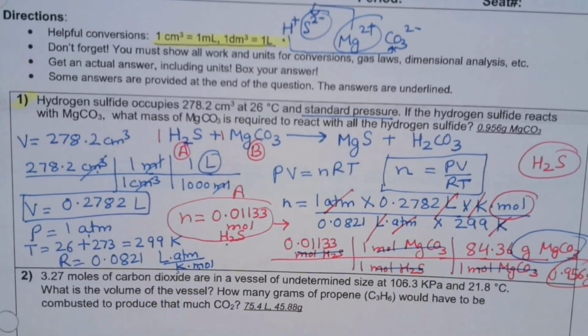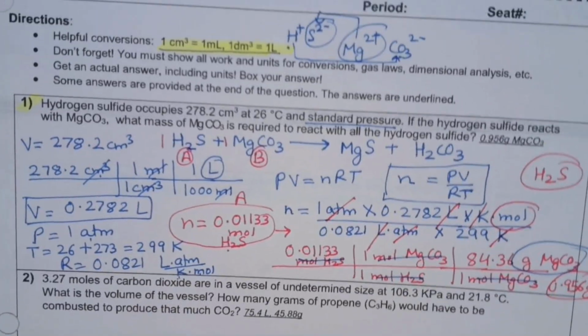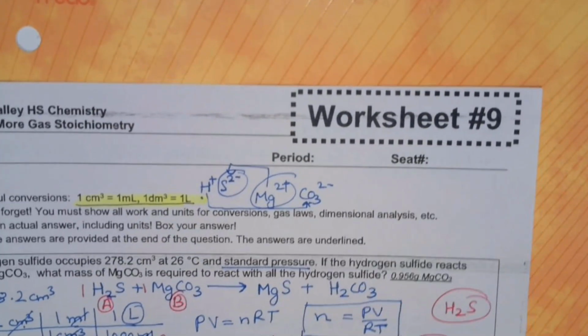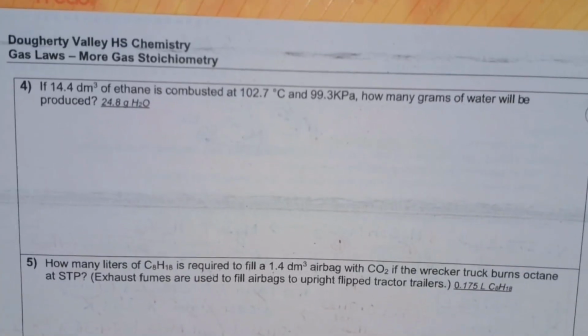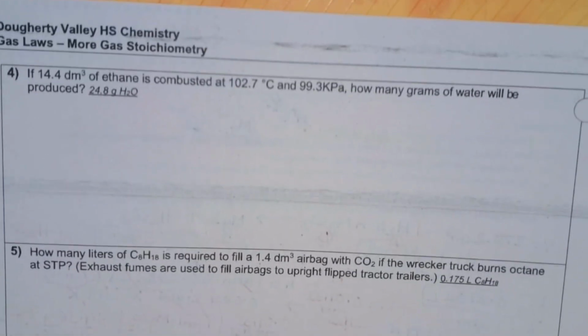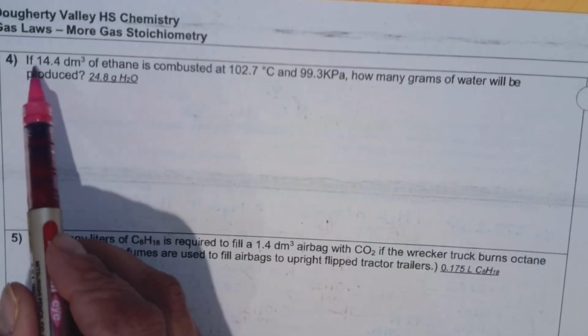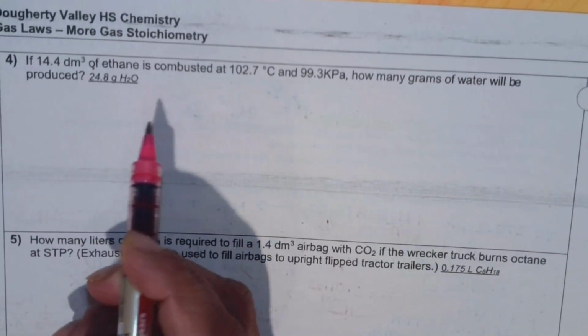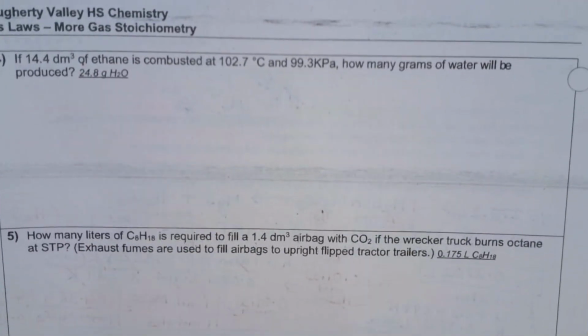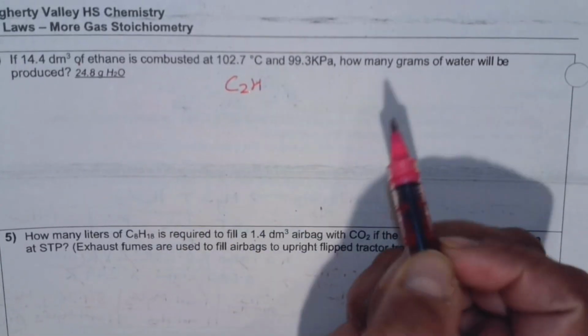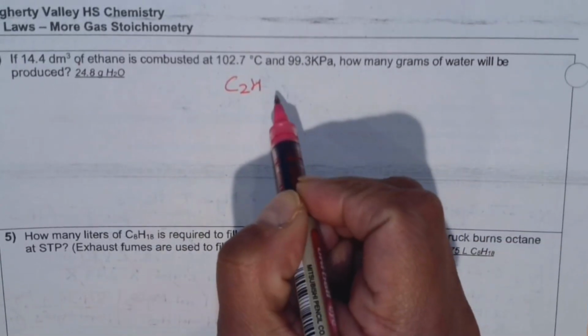Okay. Next, we are going to do problem number 4 on the same worksheet, number 9, on gas stoic. So let's do question number 4. So this time you are given decimeter cube as the volume of ethane. So first step, write down the equation. So C2H6, that is the formula for ethane.